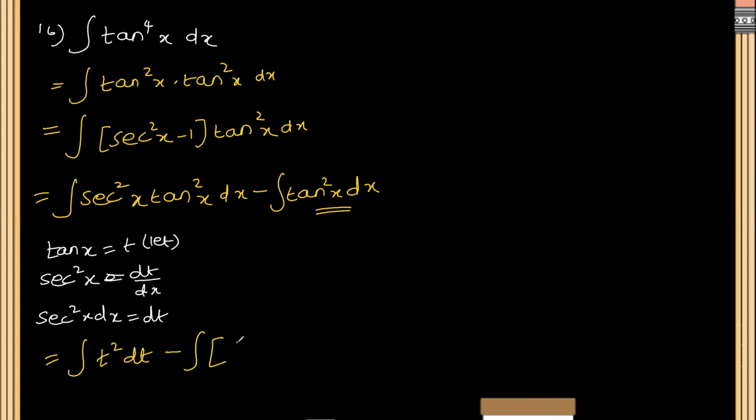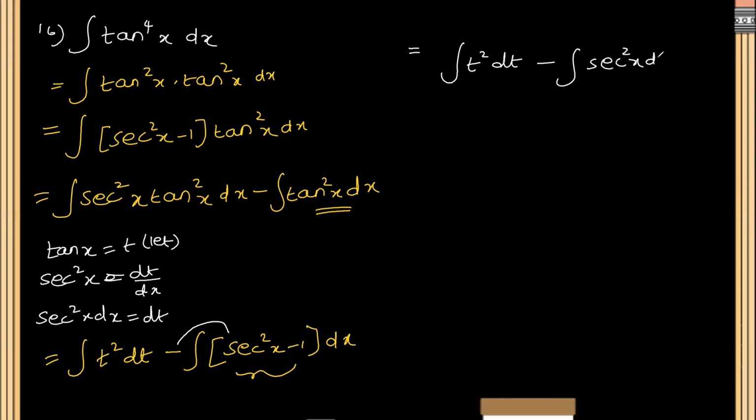In place of tan square, we can write (secant square x minus 1) dx. Now separating this as two integrals, we can write it as integral t square dt minus integral secant square x dx plus 1 into dx.